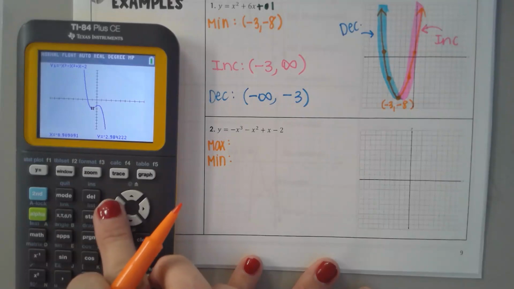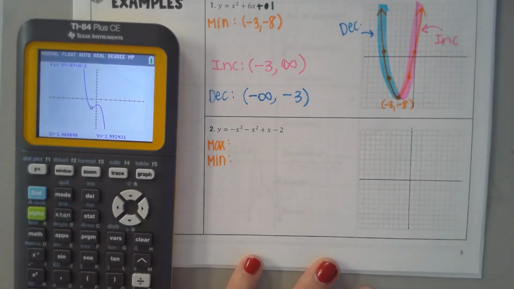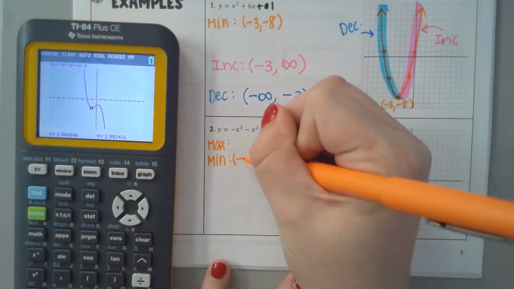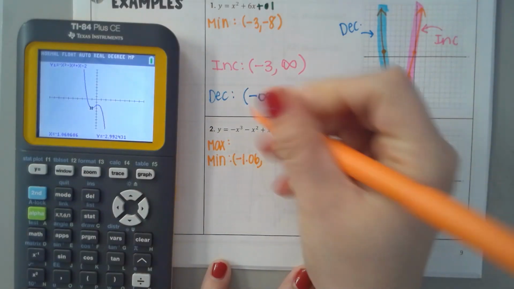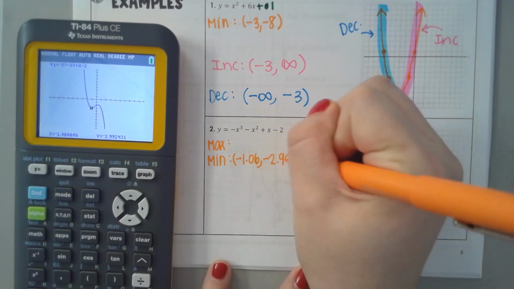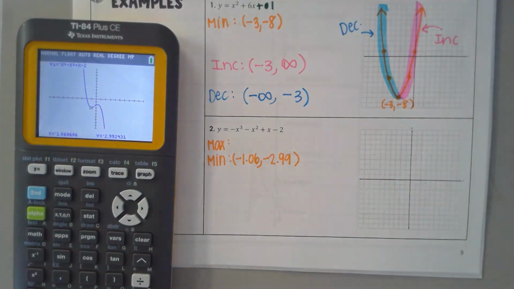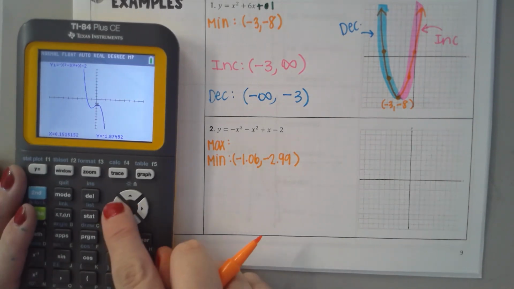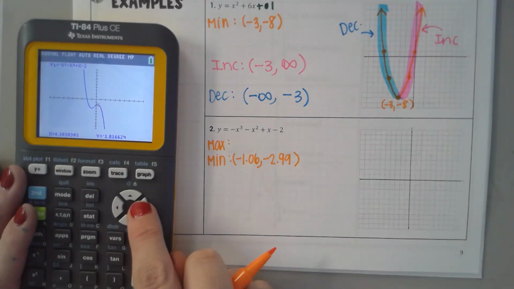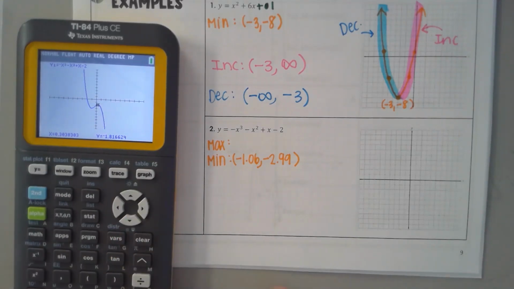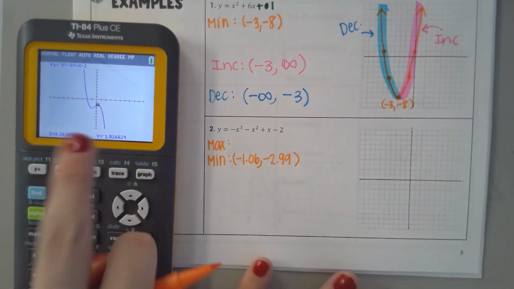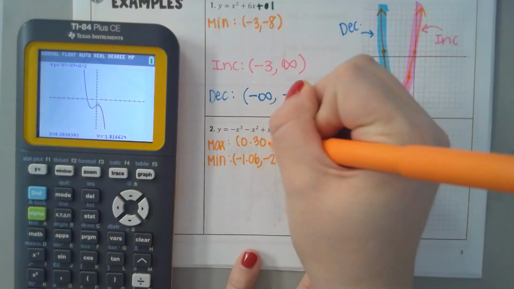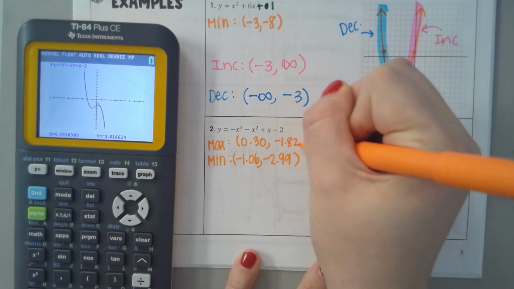So I have a minimum at (-1.06, -2.99). And then my maximum, the highest point, is (0.30, -1.82).